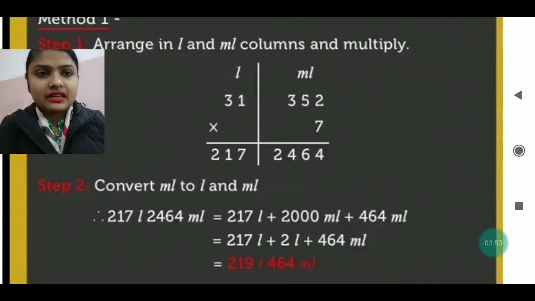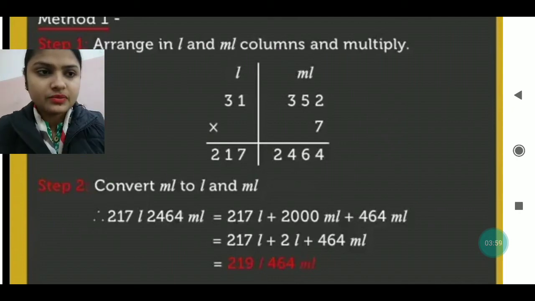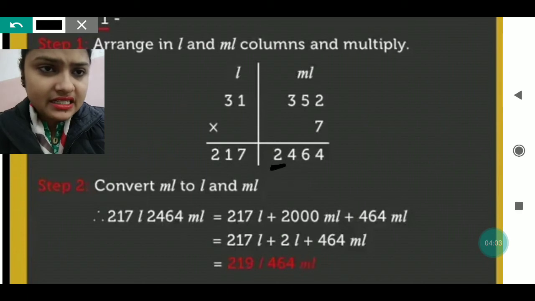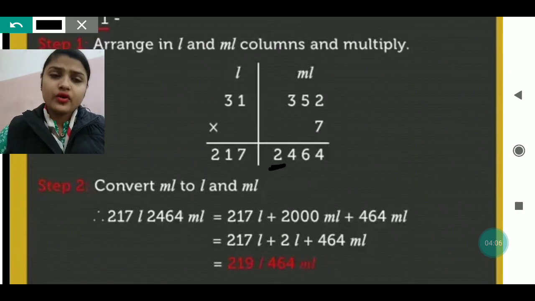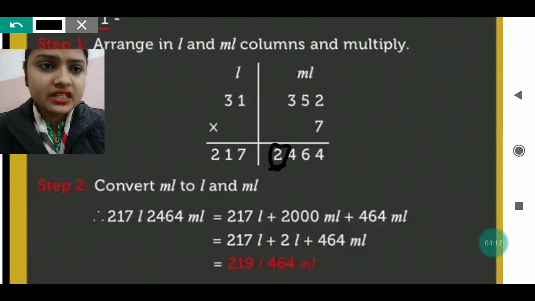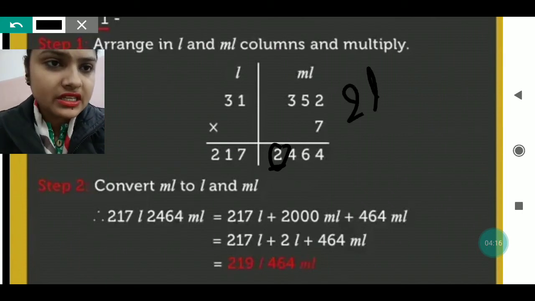Here what has been done is that the milliliters have been done in the milliliter column and the liters in the liter column, separately. After that we see that 2464 milliliters is written. So if 2000 is there, we can convert this milliliter into liter, and you will get 2 liters and 464 milliliters.